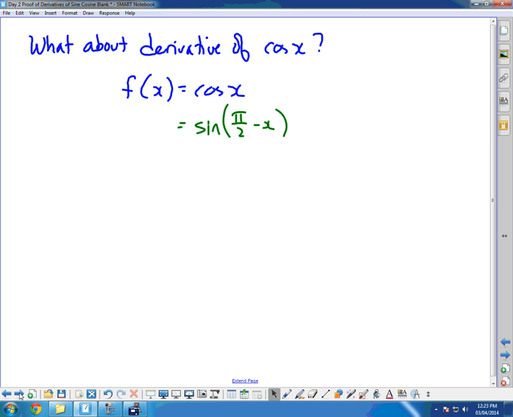So that's the complementary identity from last semester. So if cosine can be expressed as sine of pi over 2 minus x, then I'm going to take the derivative of that.